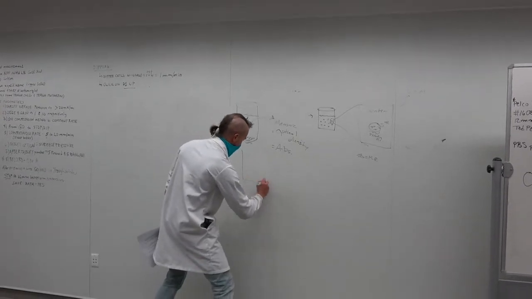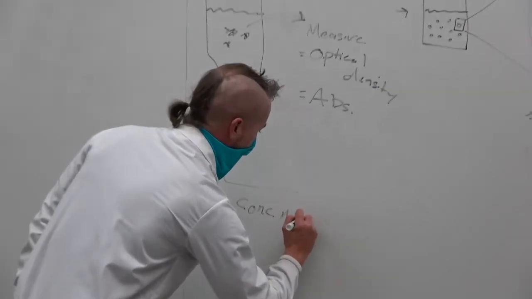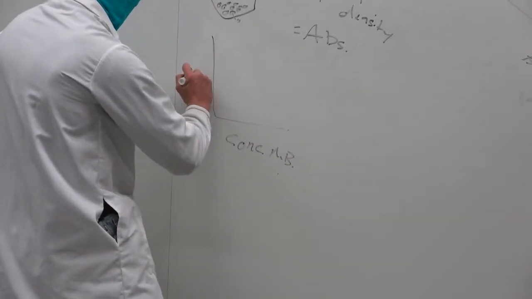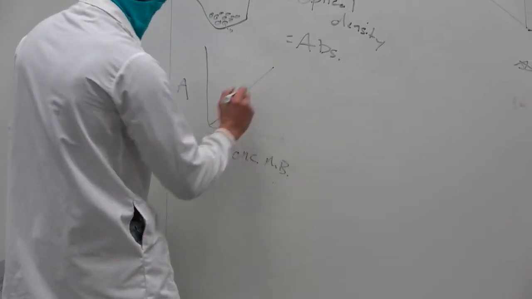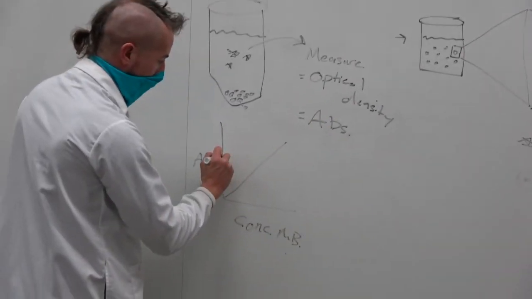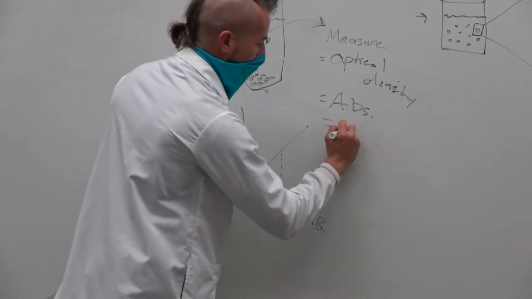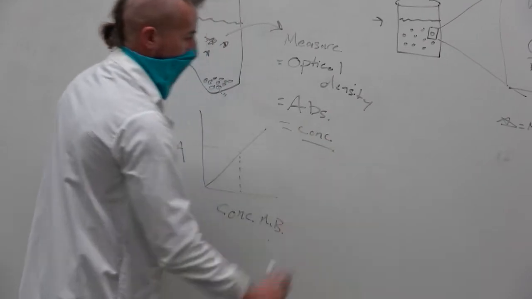Then, using a standard curve of concentration of MB versus absorbance, you can use this unknown to determine the concentration, right?